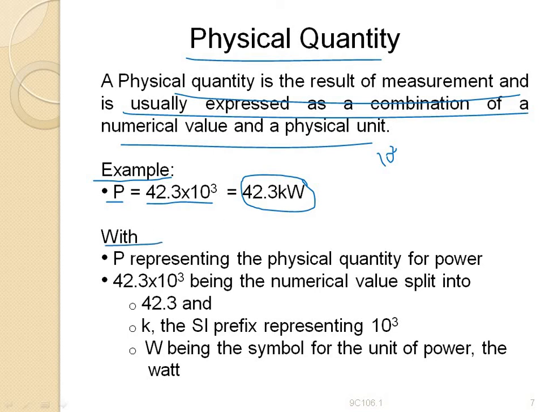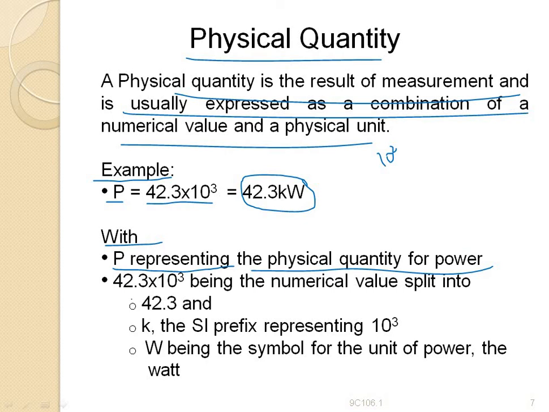So here P represents the physical quantity for power. You remember what P is here? Generally P represents the physical quantity for power, though in our mechanics condition we will say load also.